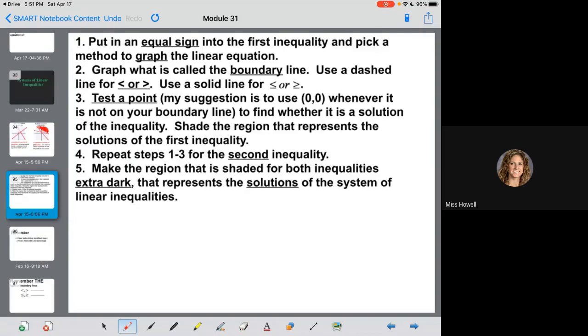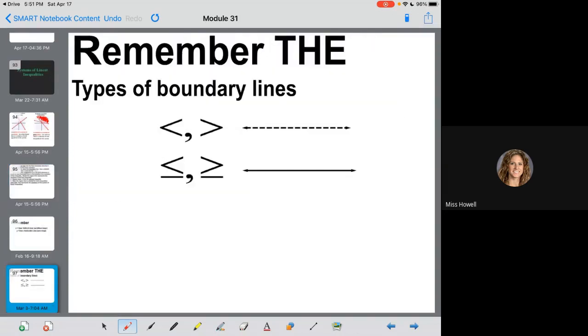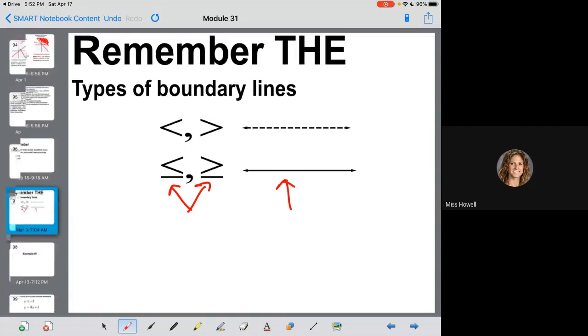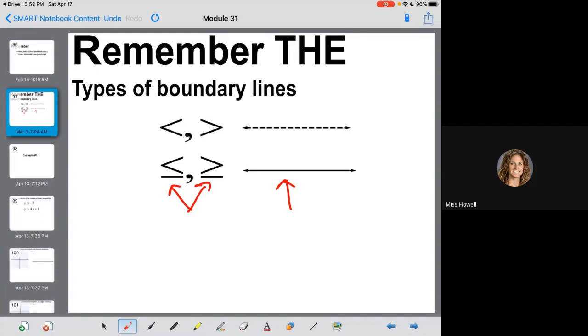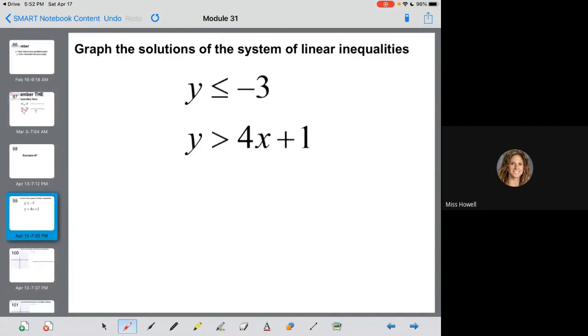All right, some things I need to remember about inequalities is if the inequality could be equal to, then we'll use a solid boundary line, which represents that that section of the graph is part of the solutions. If there's not an equal to, then we need to use a dashed or open line. So your process here is exactly the same as your equations when we have inequalities, right?